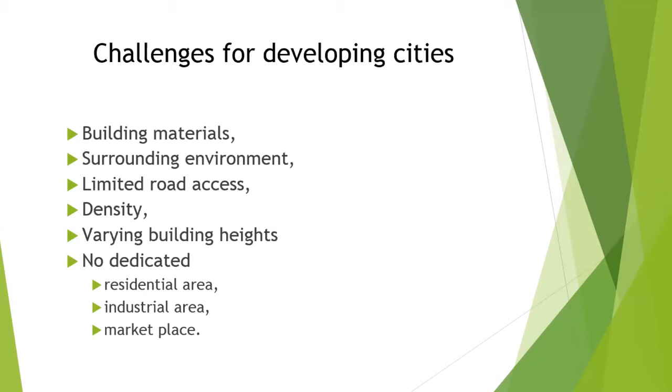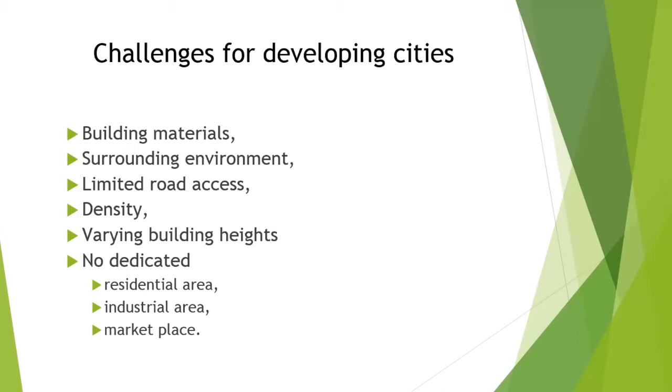Surrounding environment: in the earlier urban patterns, they only accounted for the building structure. But in developing countries, the building structures are surrounded by different kinds of environment or urban structure. We should understand that environment together.